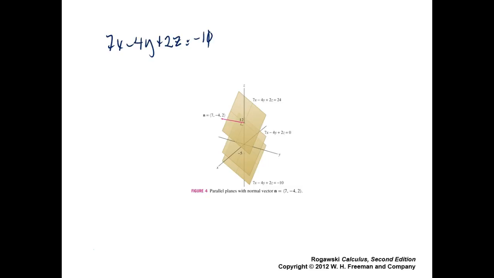Come on, was I just flapping my gums earlier? Look right under Theorem 1. It says the equation ax plus by plus cz is equal to d of a plane in 3-space is a generalization of the equation from before.